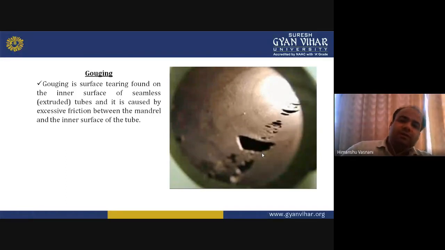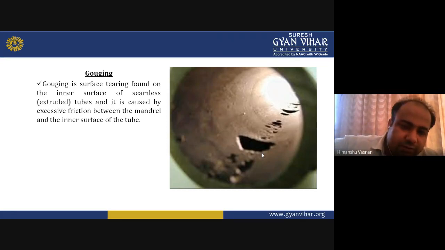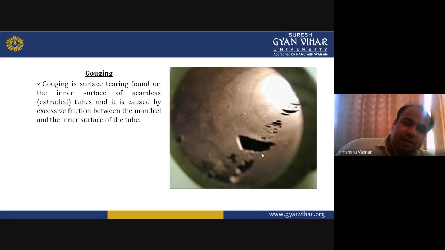Due to this, surface tearing happens on the inner surface of the extruded tube, and this leads to a discontinuity named gouging. It is clearly visible.